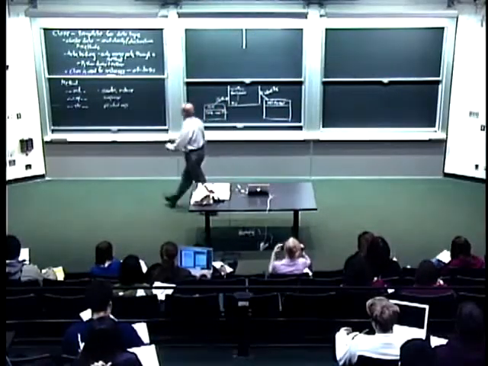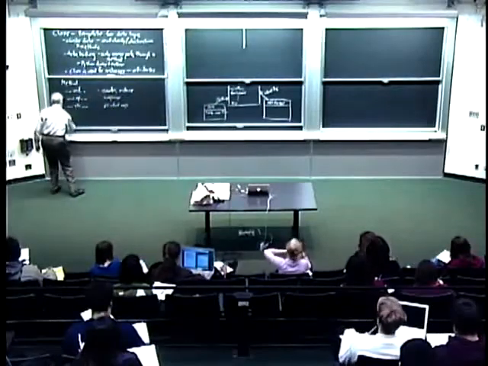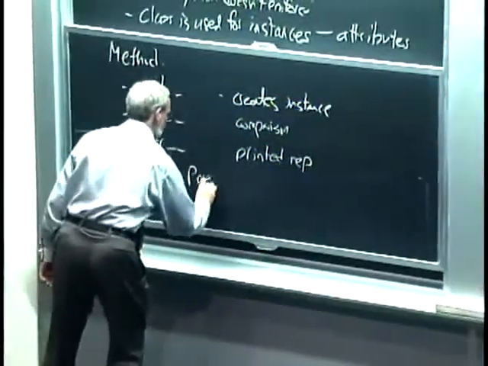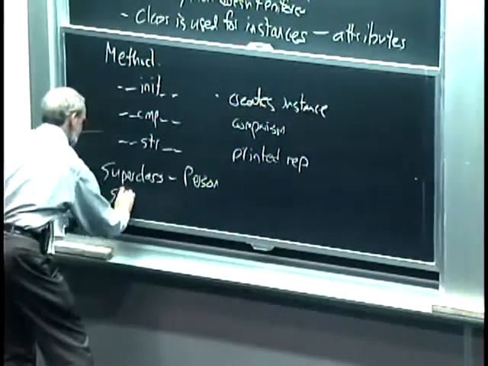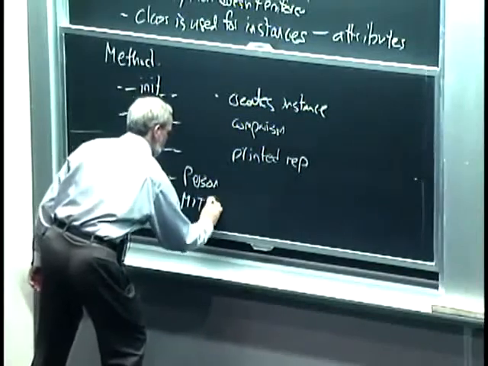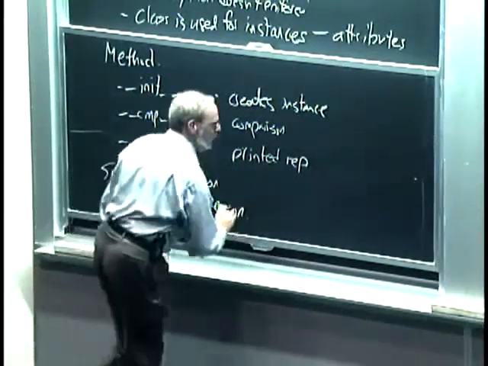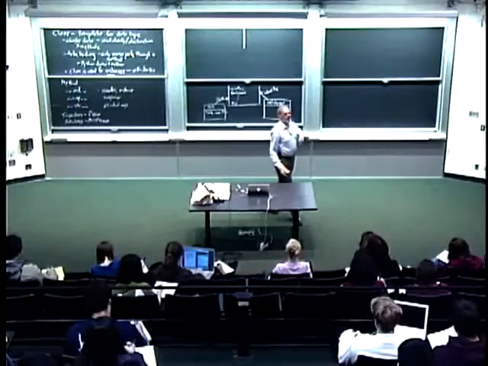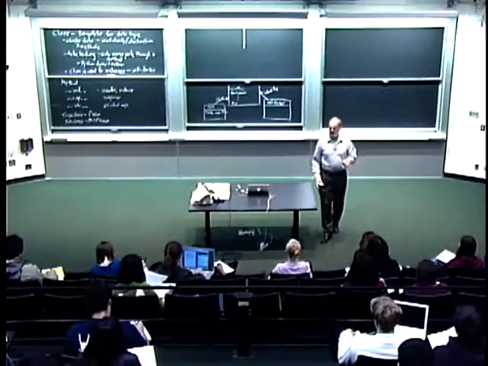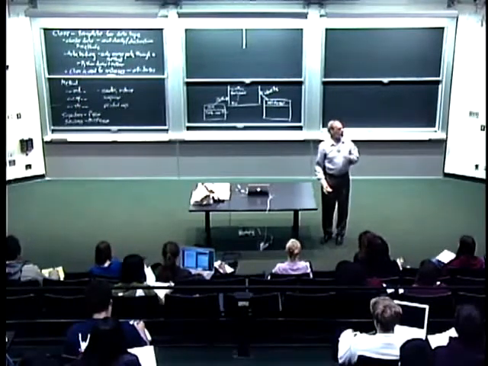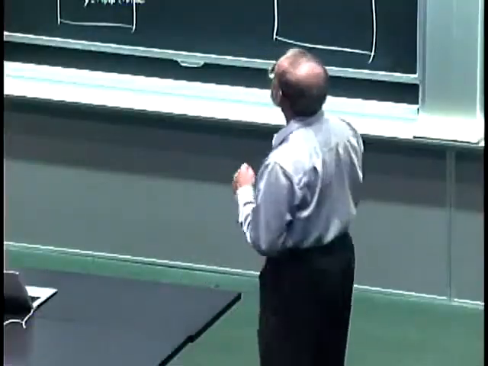Or another way of saying it is, we have a superclass, in this case, person. And we have a subclass, in this case, it's MIT person. And we're going to walk through some examples, but what it says is that that subclass of MIT person can inherit the attributes of the person class. It can inherit the methods, it can inherit the variables of it.